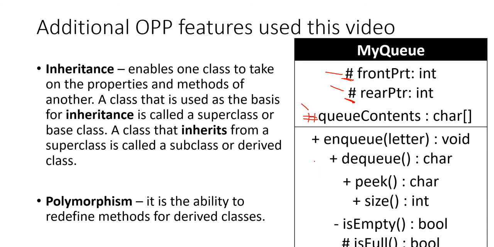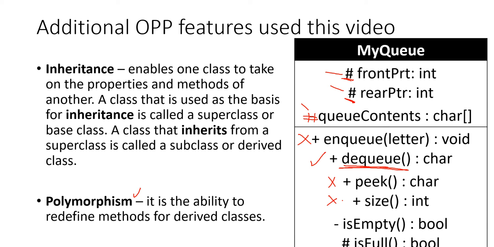But for our new queue where we're just shifting everything up, we're not actually changing the way that we add to the queue, so we're not having to do anything with that. We are having to change DQ, so we'll have to use polymorphism to redefine that method. We're not having to change peek, we're not having to change size, so those can remain exactly as they are.